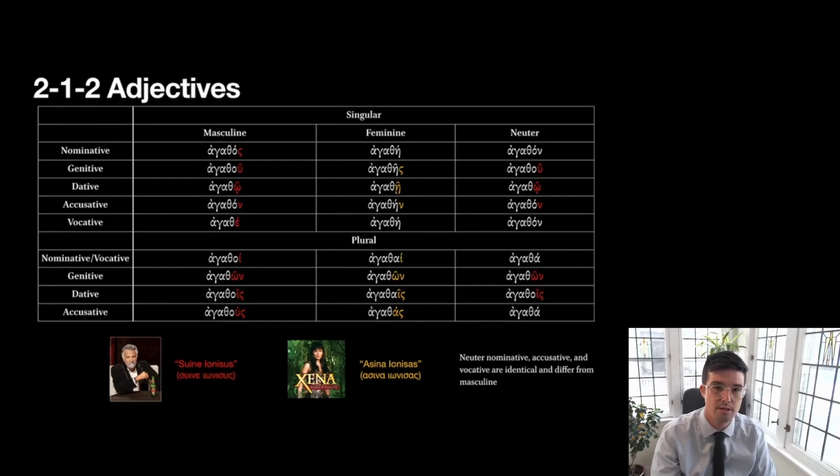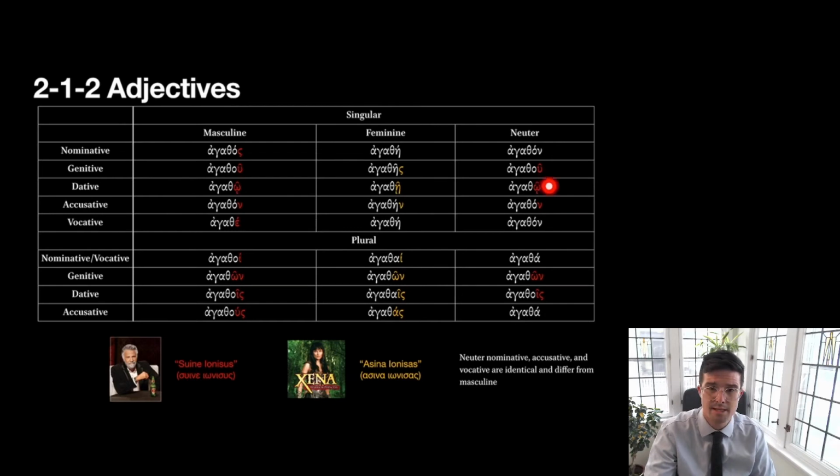So Swain Dionysus is our figure for the second declension ending. So you see the sounds of Swain Dionysus here in these endings. So this is why it's 2 there. And then these first declension endings roughly line up with the mnemonic for the first declension. And then over here are neuter endings, besides the rule about the nominative and accusative being identical to one another and different from the masculine.